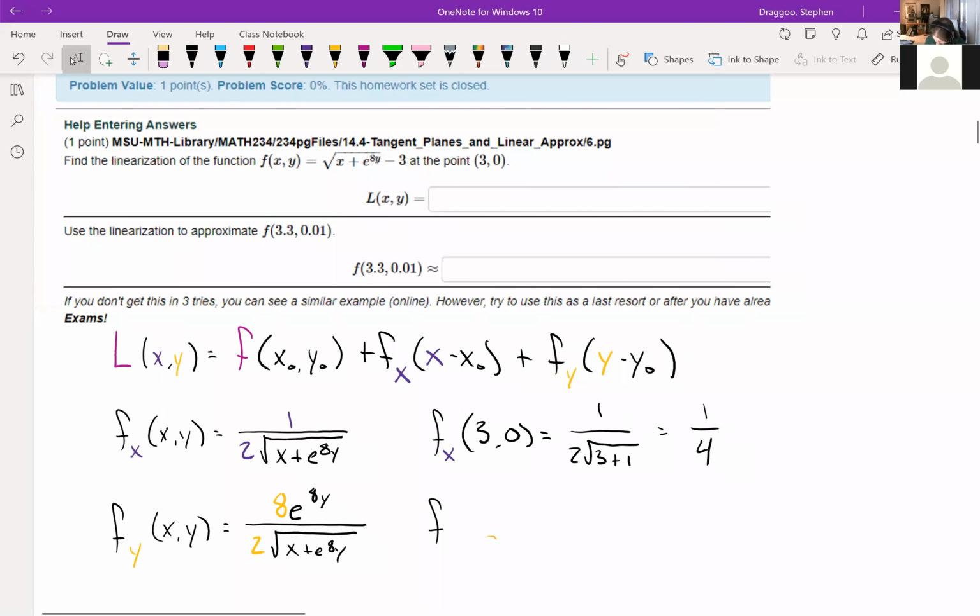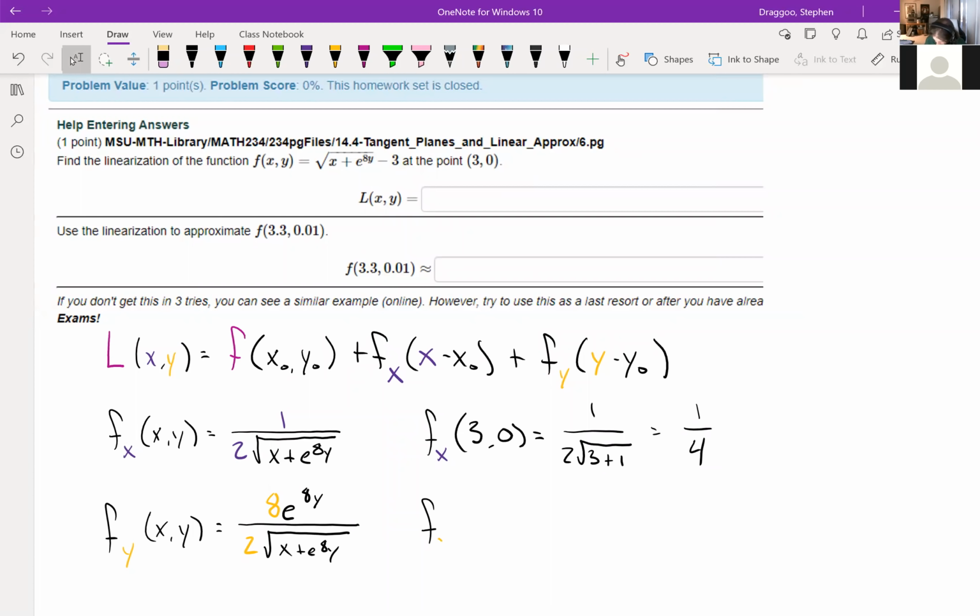Let's try that one more time. At 3, 0, which will be 8 times 1 divided by 2 times the square root of 3 plus 1, which simplifies to 2. At least I'm pretty sure it does. Yeah, it ought to.